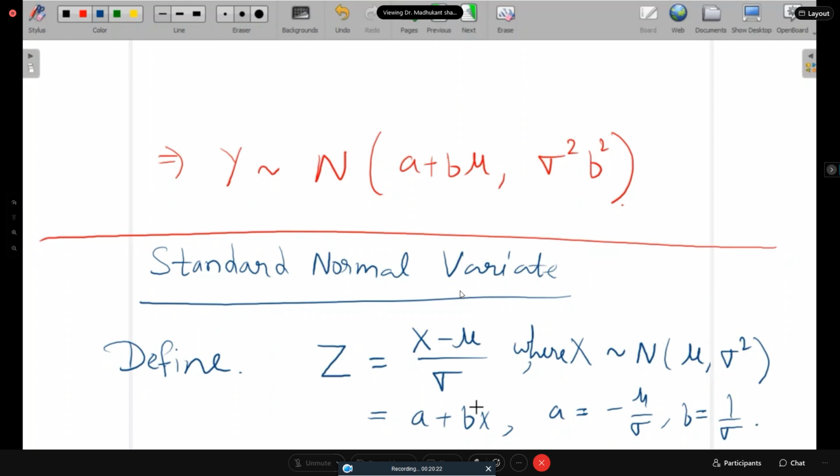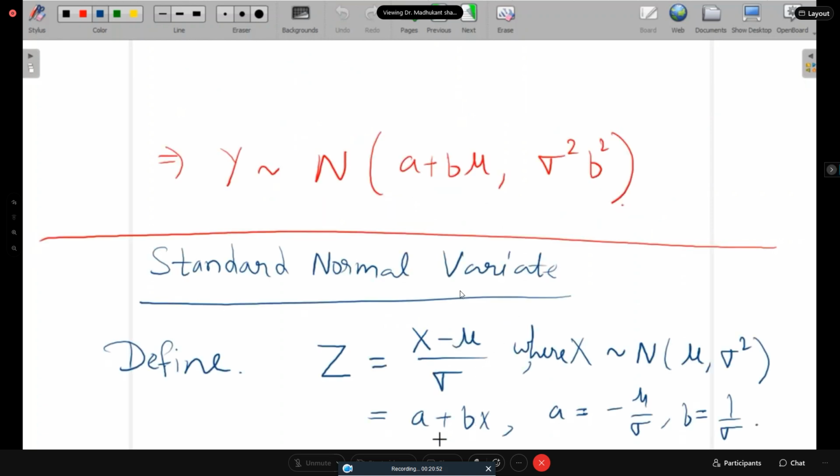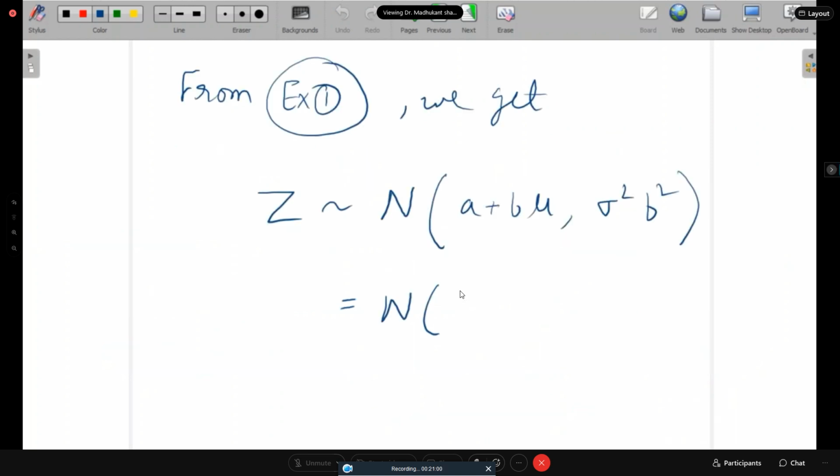Now, following the previous exercise, from exercise 1, z will follow the normal distribution with mean a plus b mu and variance sigma square b square. So a is minus mu by sigma, plus b mu is mu by sigma, so minus mu by sigma plus mu by sigma is 0.